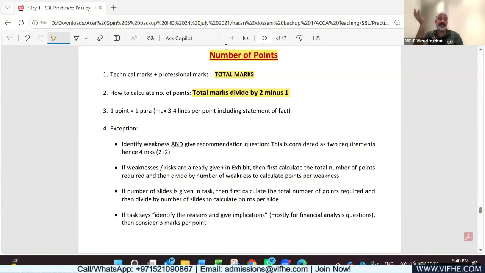So 6.5 means 6 to 7 points, depending on your speed and time management. If your speed is fast, you have time, you can go for 7 points. If your speed is slow, time is up, then at least 6 points.